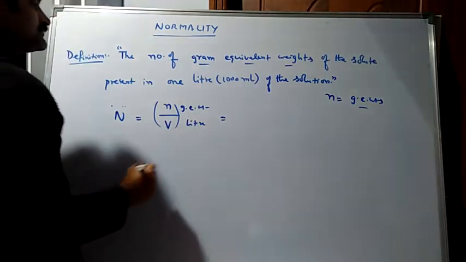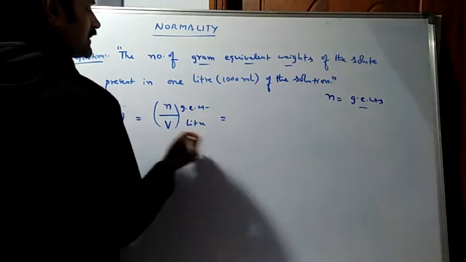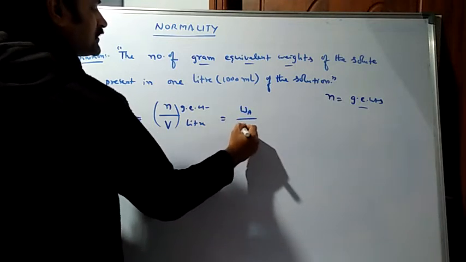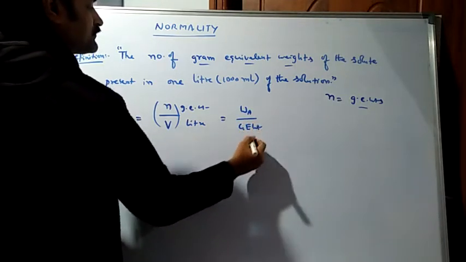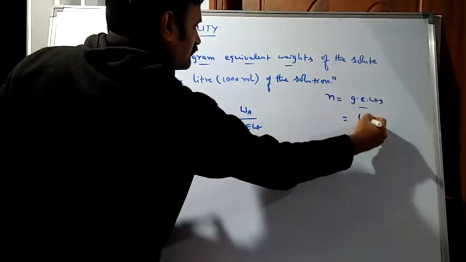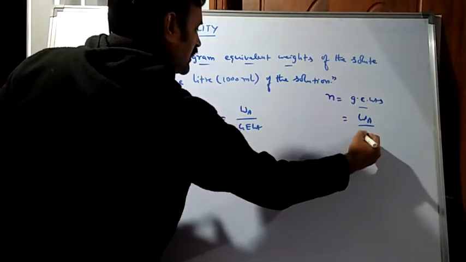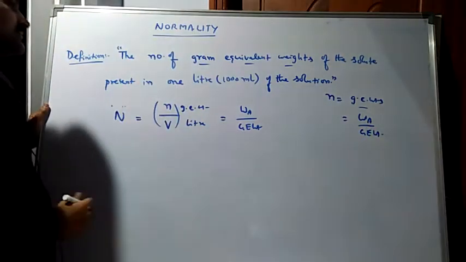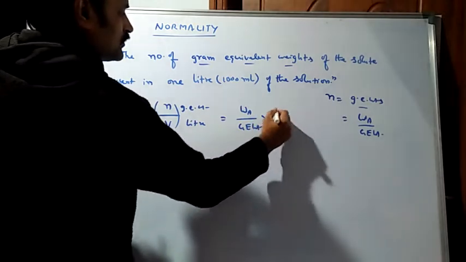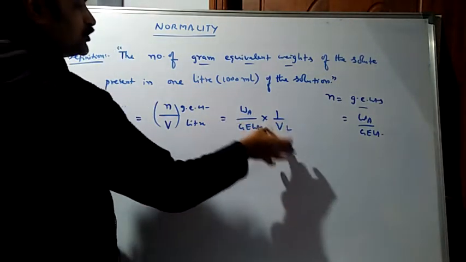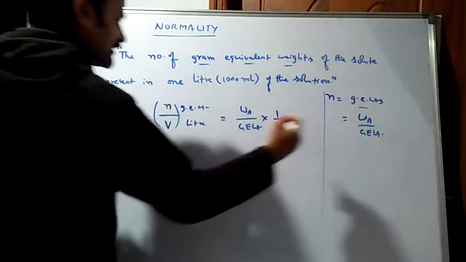So in detail, weight of the solute WA by gram equivalent weight GEW into 1 by V in liters. V is the volume of the solution in liters.